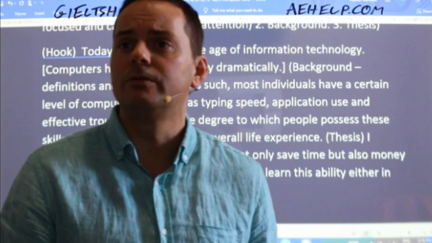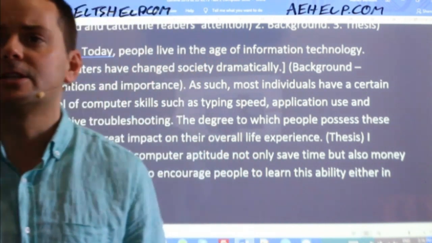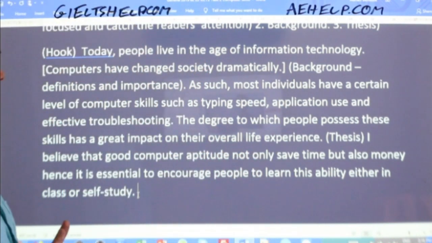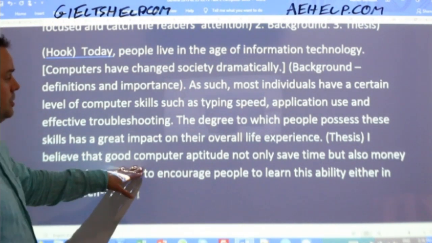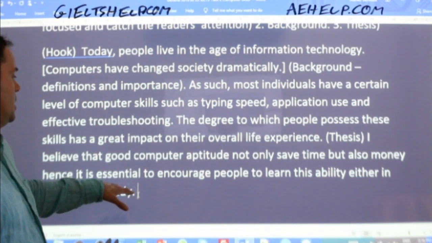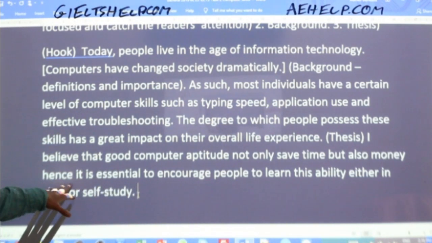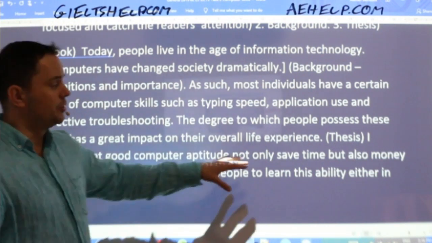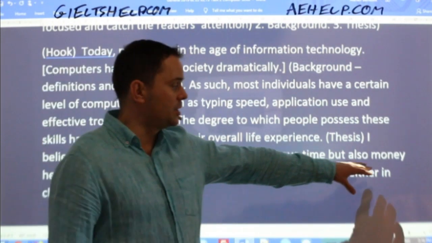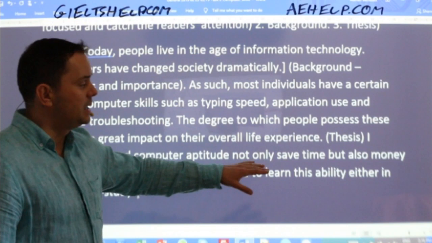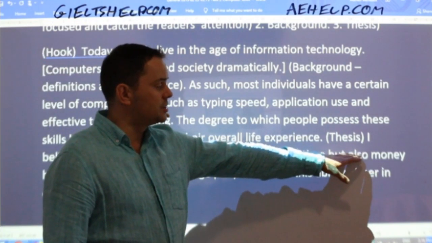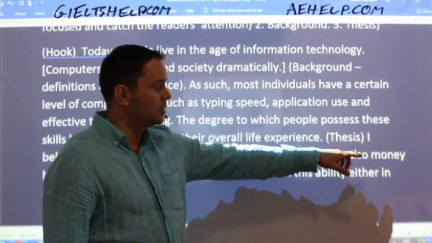You can improve. Begzad says, why don't I put a comma before hence? Good question, Begzad. So I believe that good computer aptitude, hence it is essential. The reason I don't need the comma here, and you notice how my grammar check, Begzad, is not catching that either, is because the sentence starts with the independent clause.